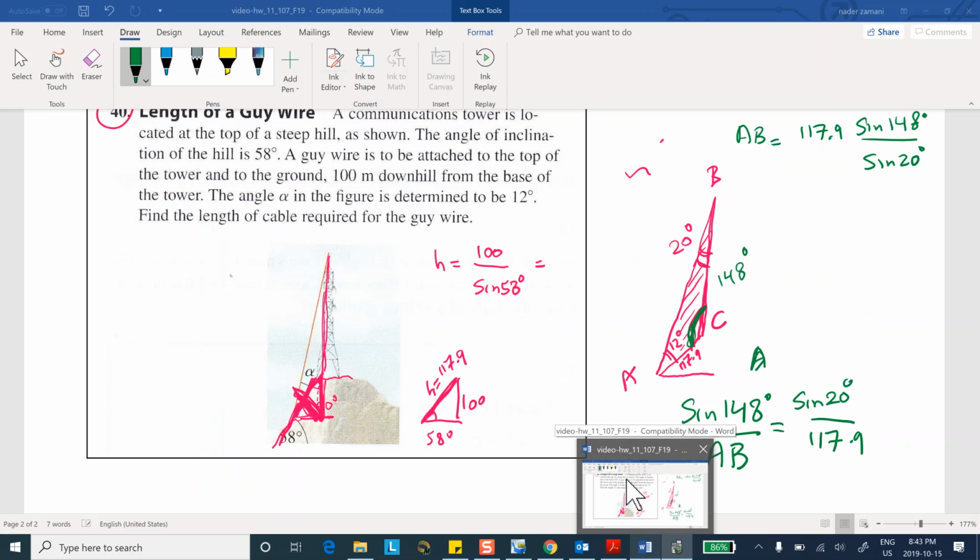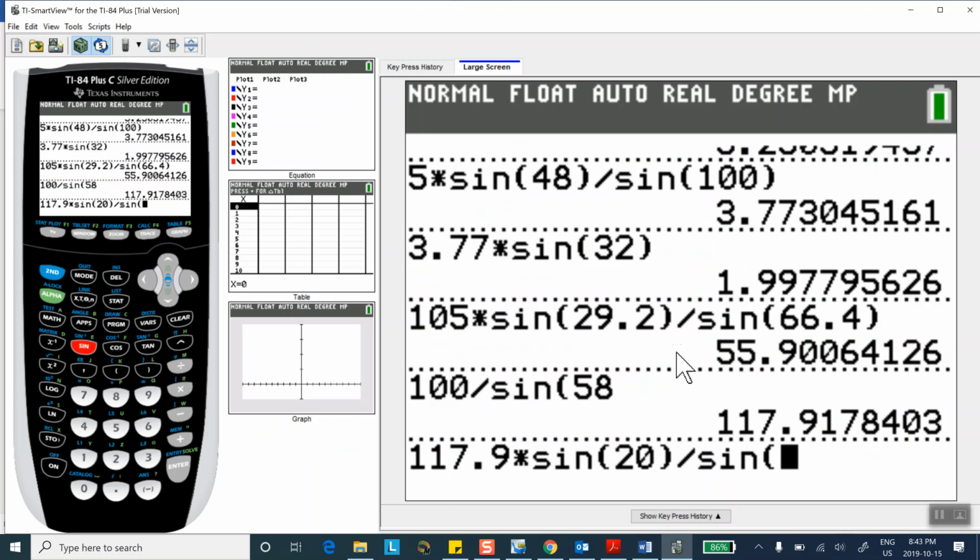Actually it was the other way around. Sine of 148 divided by sine of 20. So this is going to be 148.